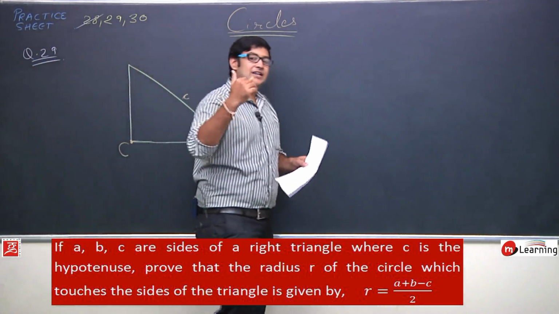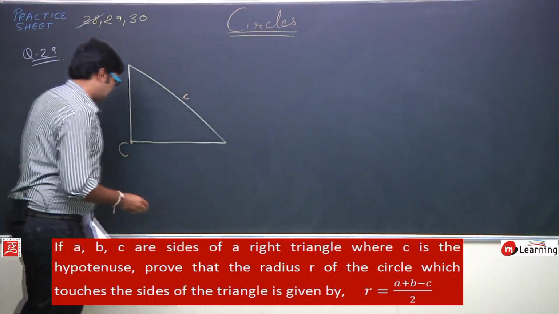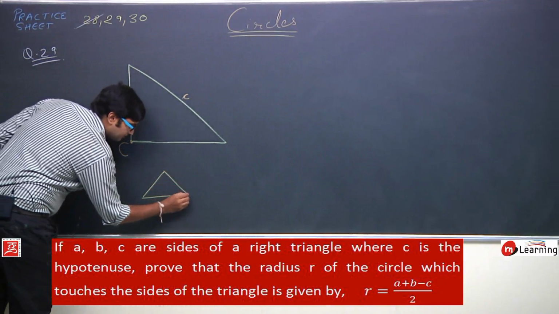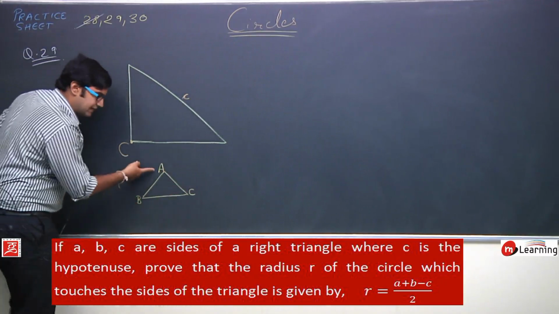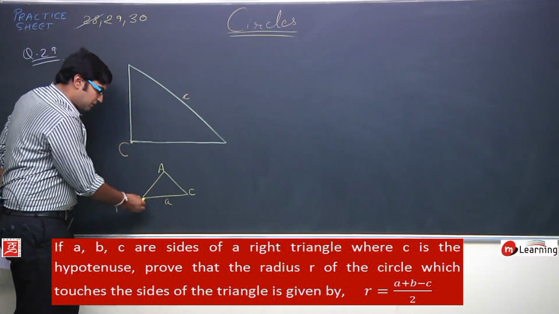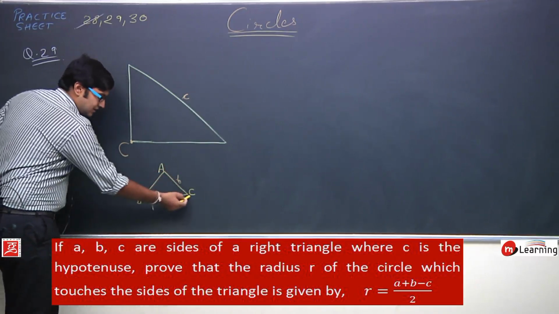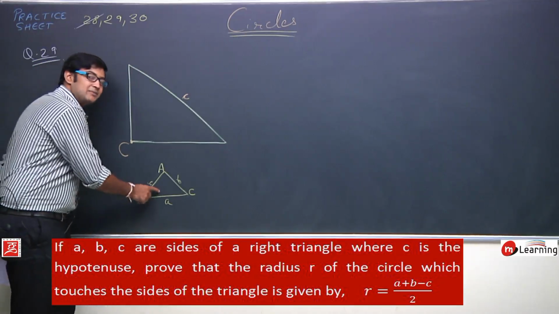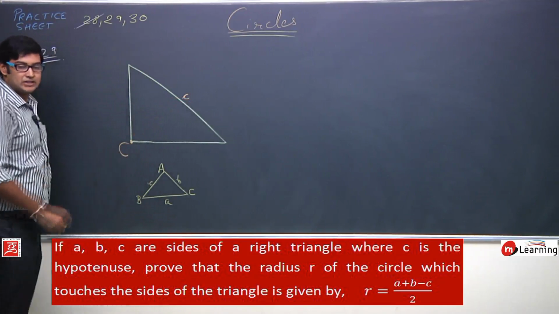For example, there is a triangle ABC. So let us draw a triangle. If I say that this is a triangle ABC, then the side opposite to vertex A is small a. The side opposite to vertex B we call small b, and the side opposite to vertex C we call small c. So in this manner, if this is small c, this will be capital C.